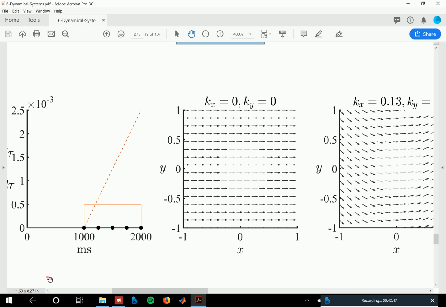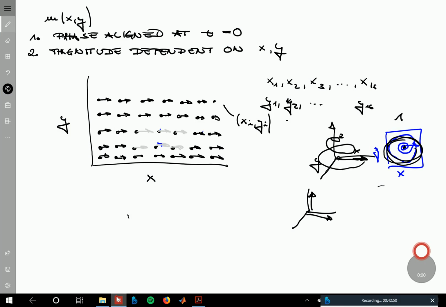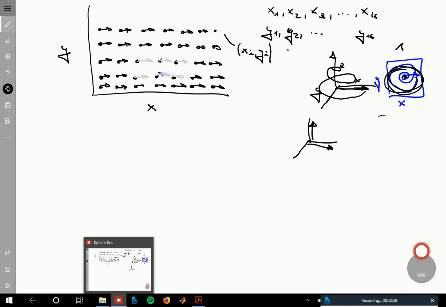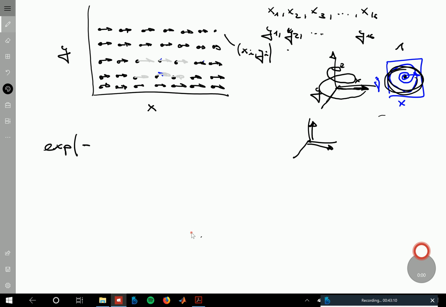From our signal equation, we have our rotating term here.